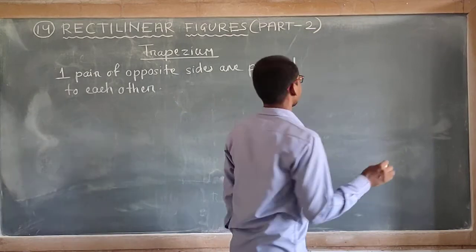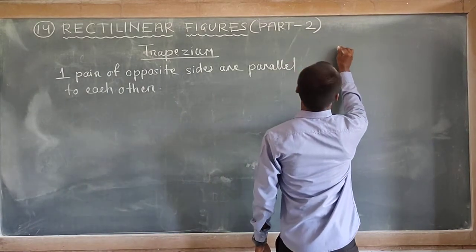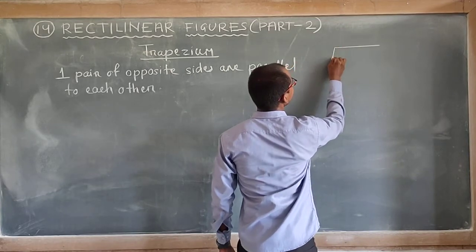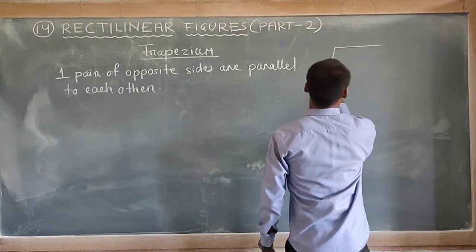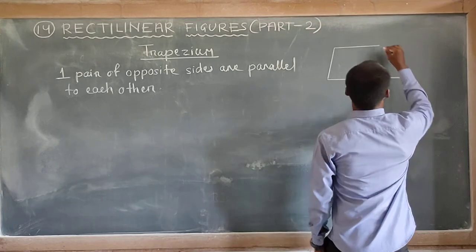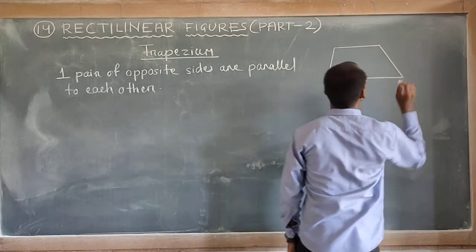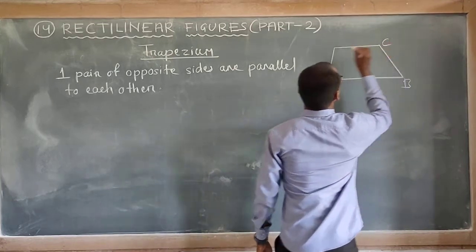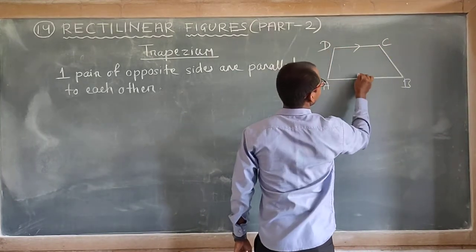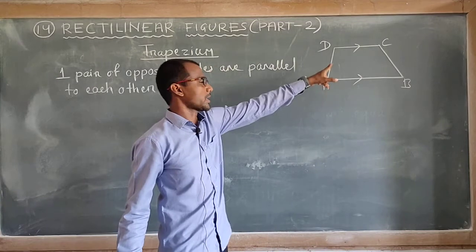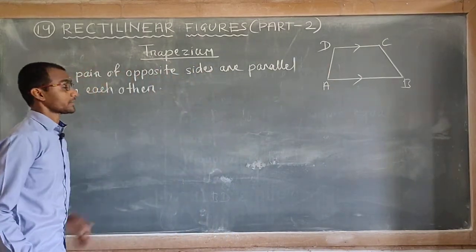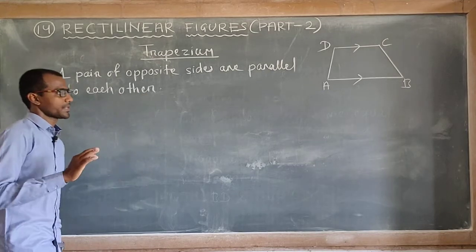So let us draw a trapezium. You can see AB is parallel to DC, so this is a trapezium. Okay, so this is the definition of a trapezium.